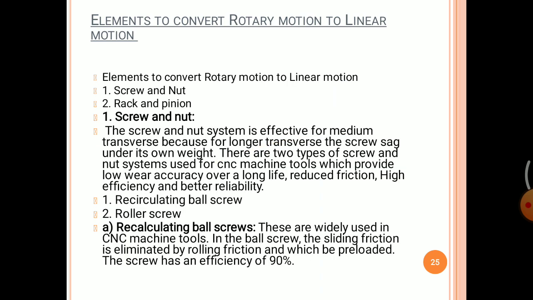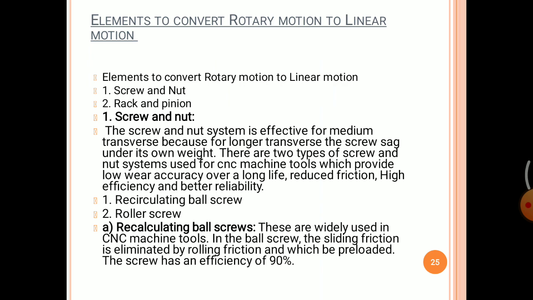Now, elements to convert rotary motion into linear motion. There are two types: screw and nut, and rack and pinion. The screw and nut system is effective for medium traverse length, because for longer traverse length the screw sags under its own weight. Therefore the screw and nut can be used for shorter traverse lengths.